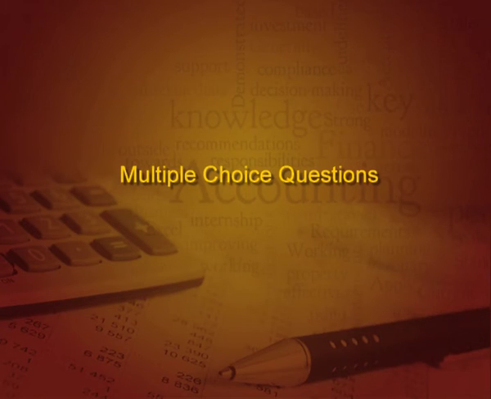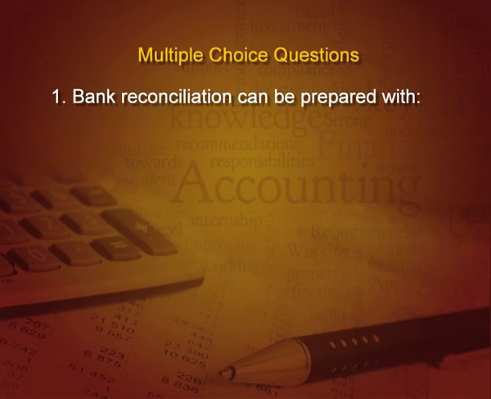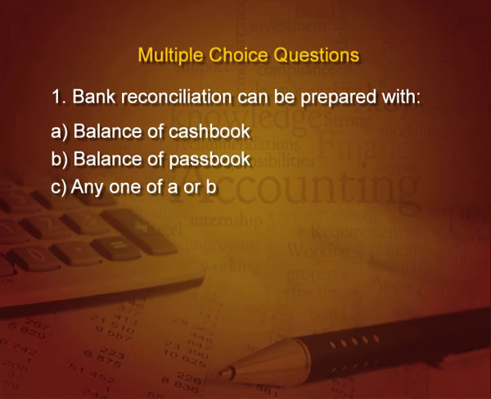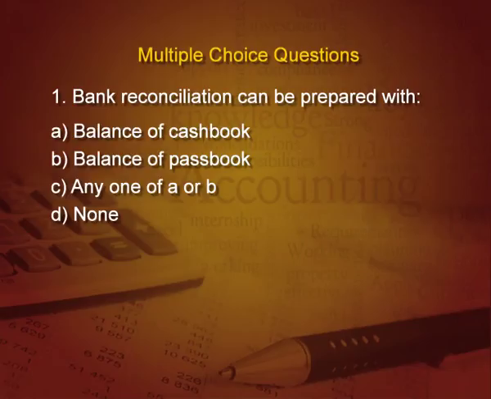Now, let us see some multiple choice questions. Question number 1, bank reconciliation can be prepared with A, balance of cash book, B, balance of passbook, C, any one of A or B, and D, none of these. Very simple. C, you can start with anything.